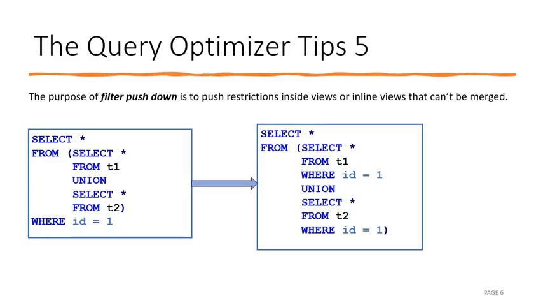The purpose of this filter push down is to push the restriction inside the view or inline view that can be merged. We should always try to get the limited data which is required. We should try to avoid unnecessary data at the initial level itself.